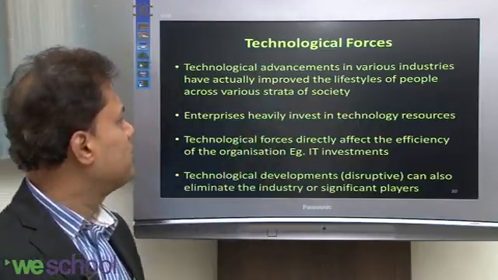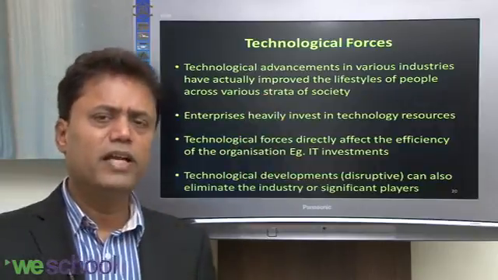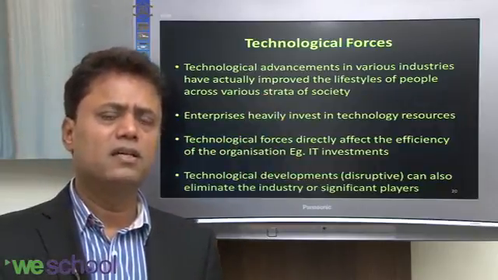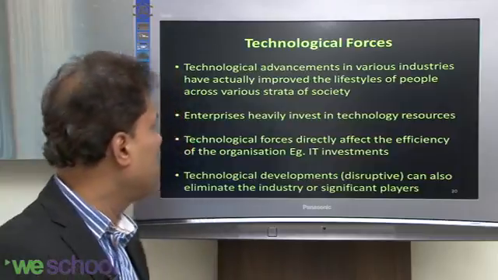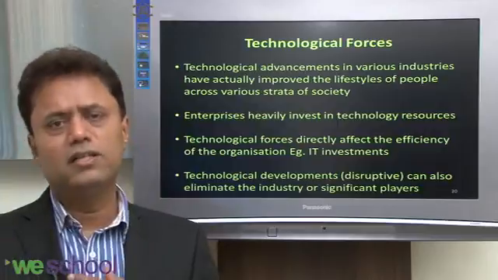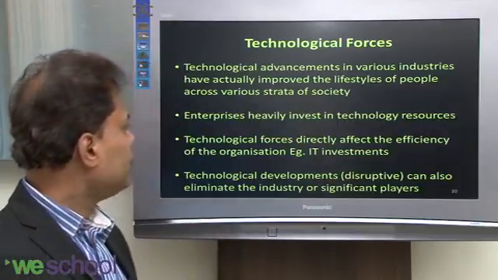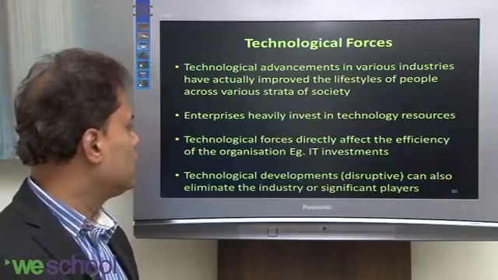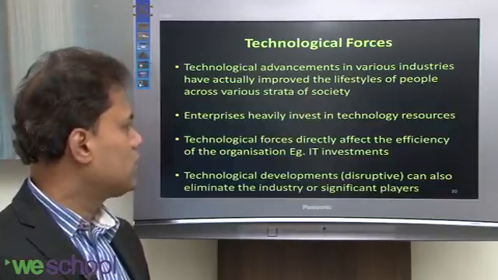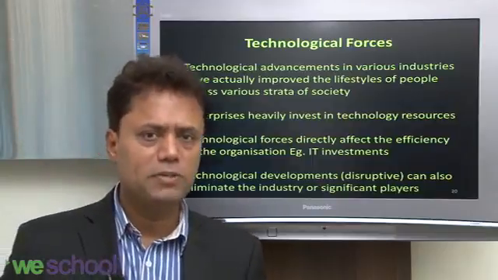So we talk about advancements in industries. It all finally results in improvement of lifestyles for people across various strata of society. You are creating products for different strata of society in the pyramid. Enterprises heavily invest in technological resources. Technological forces directly affect the efficiency of the organization, especially the IT investments.